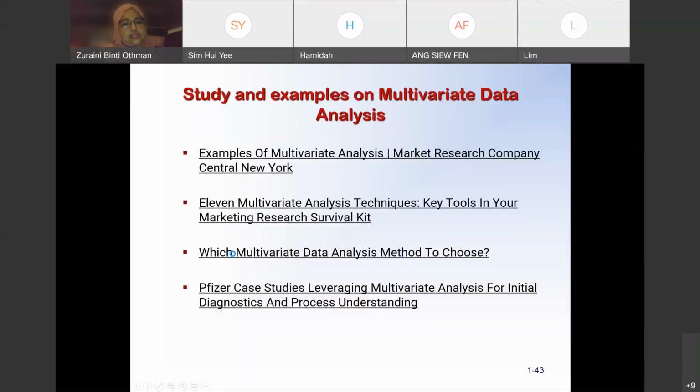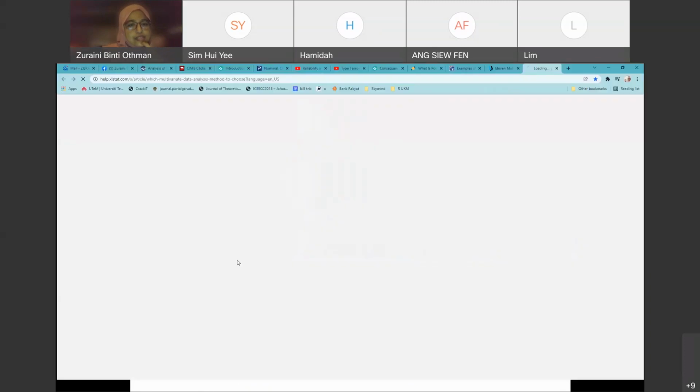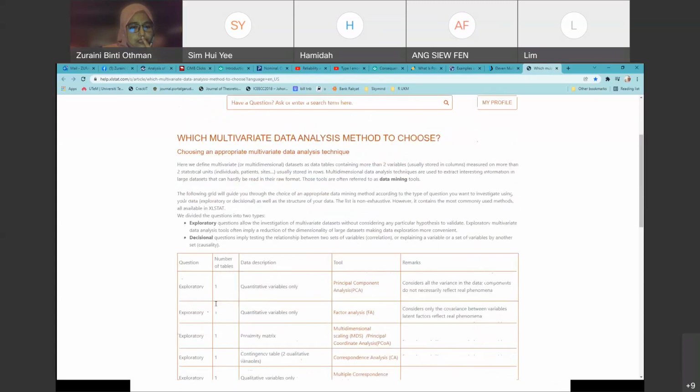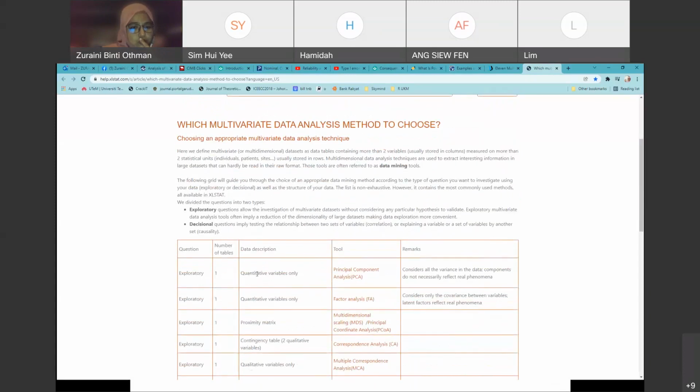This is which multivariate method that we want to use. This is an example from their findings: if our data is quantitative variable only and it is exploratory, we have to divide our question. If our survey is exploratory, we want to explore first.